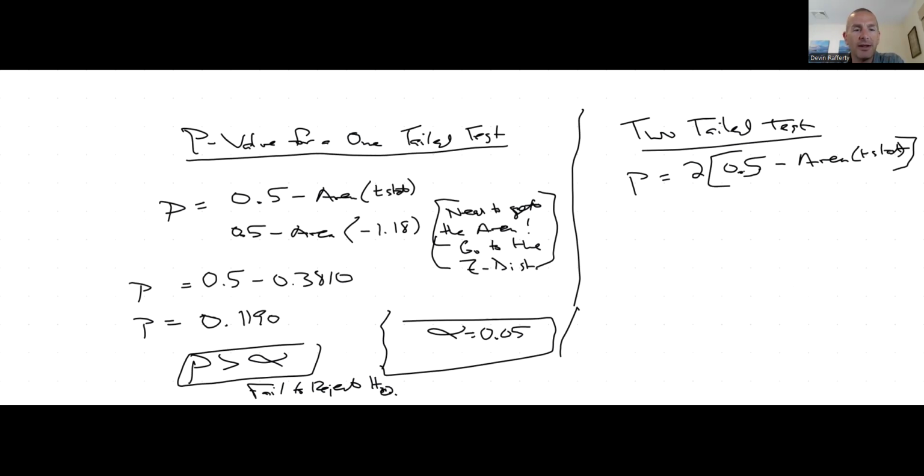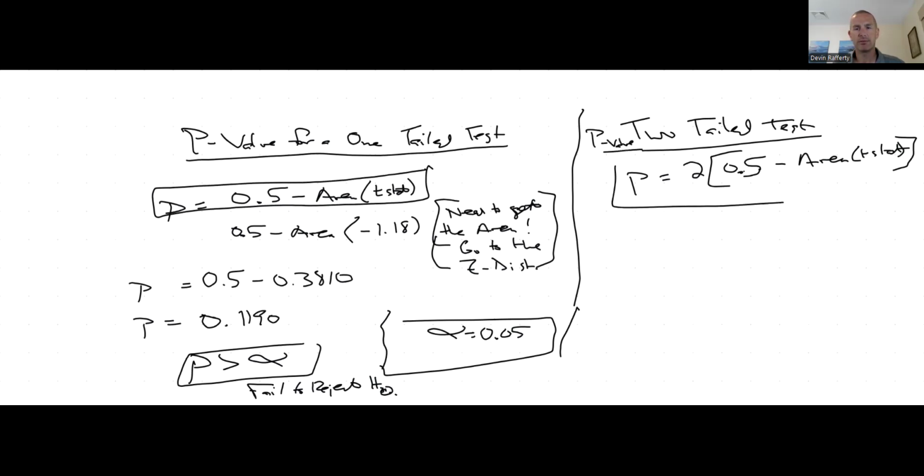If you have a one-tailed test, this is how you would calculate the p-value. P-value for one-tailed test. And if you have a two-tailed test, this will be your formula. Okay? With the difference just being you multiply it by 2, right?